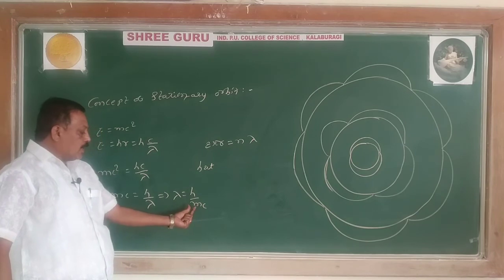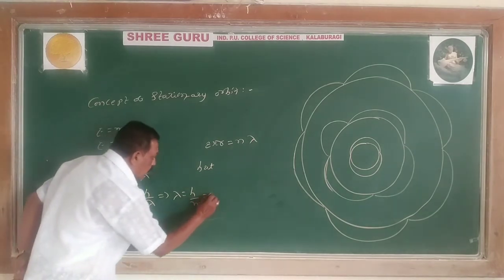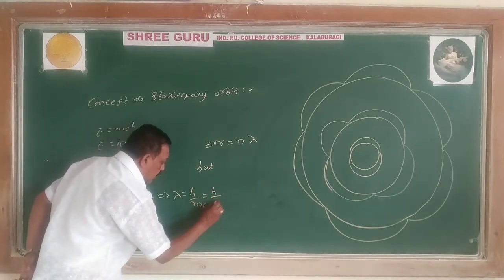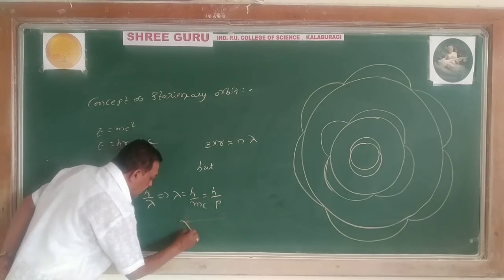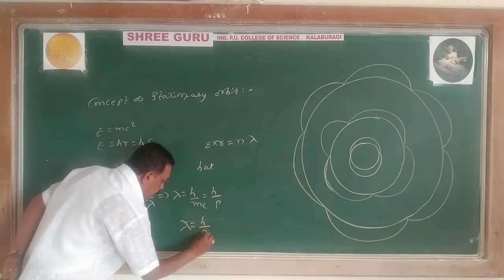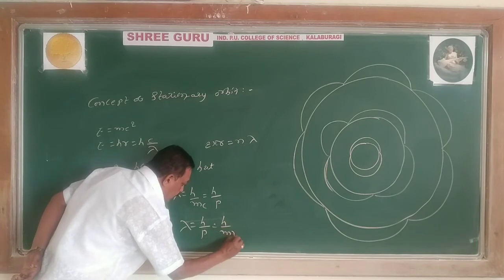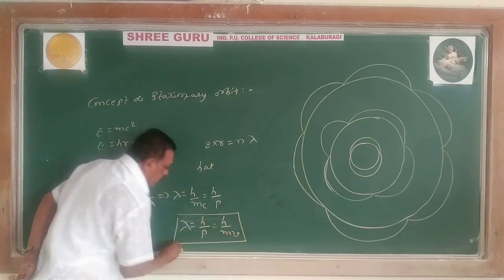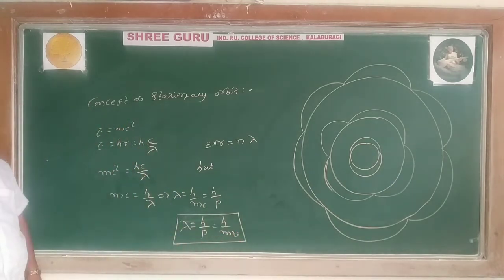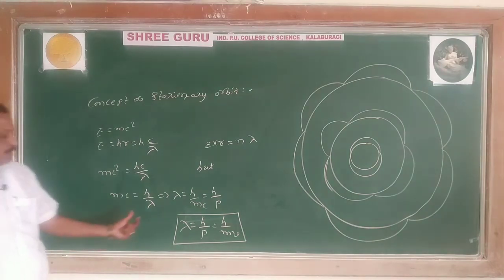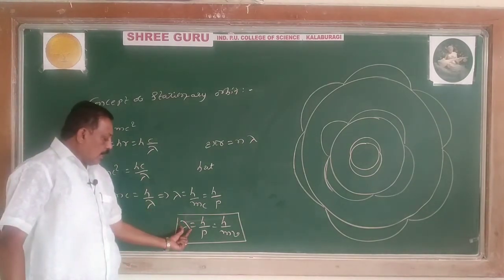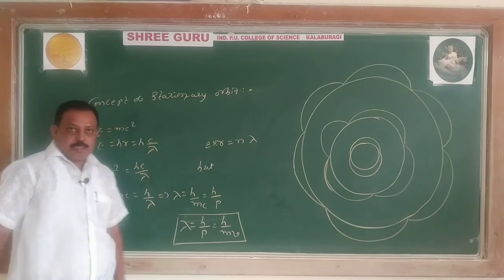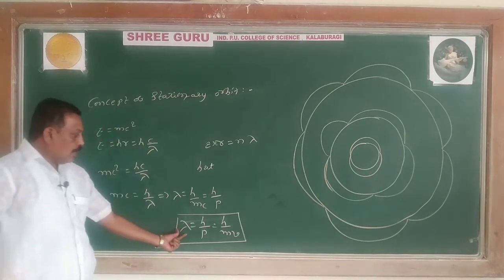For a material particle that travels with a velocity, m into c is nothing but momentum. So for a material particle, lambda equals h by p, where p equals mass into velocity. This is the de Broglie wavelength, lambda.